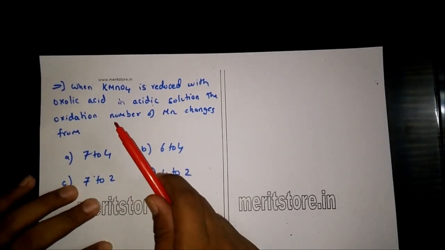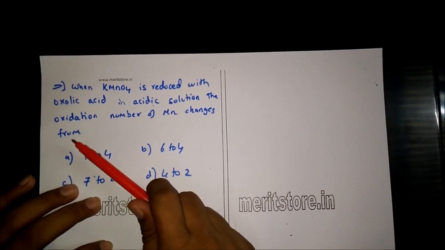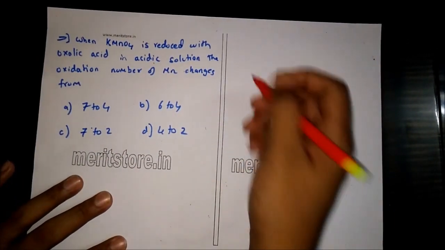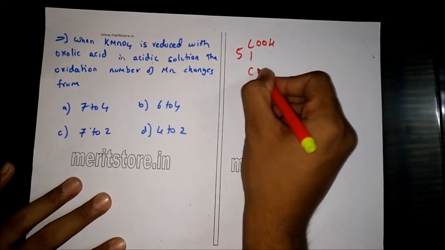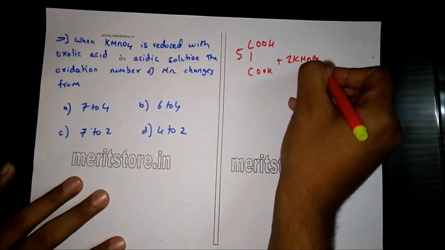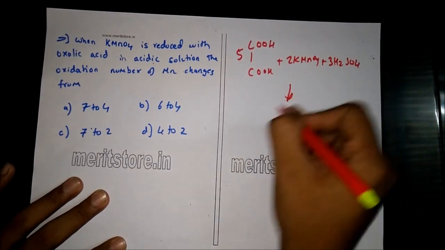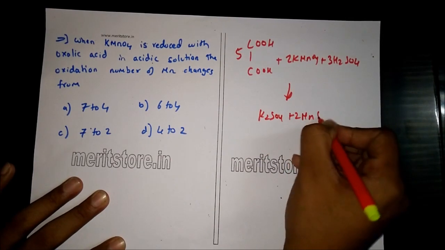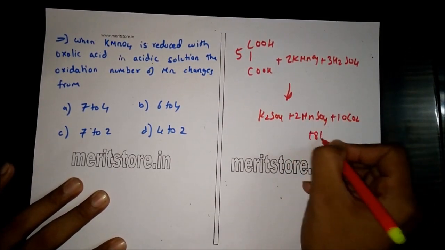MnO4 is reduced with oxalic acid in acidic solution. The oxidation number of Mn changes from, here are the different options. Now let's look at how the reaction takes place. Oxalic acid COOH plus 2 KMnO4 plus 3H2SO4 gives K2SO4 plus 2 MnSO4 plus 10 CO2 plus 8H2O.